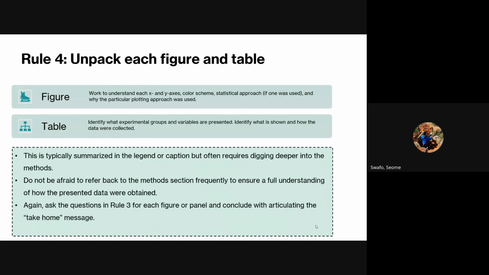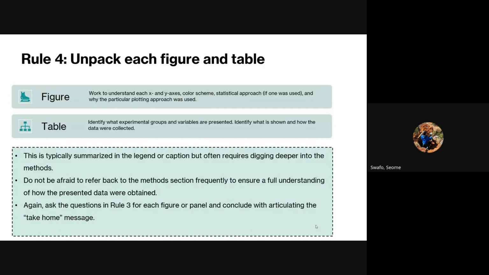But then remember that sometimes the figure has a caption, it has a legend. The legend and the caption normally require you to go back to the method section, because I've seen a lot of people when they read research articles, they want to finish without even caring about whether they understand.